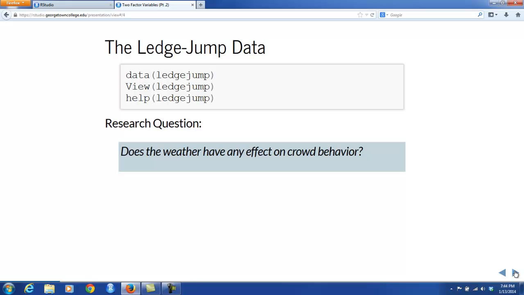What we've got here are two factor variables, weather with the possible values warm and cool, and crowd behavior with the possible values polite and baiting. And our research question is about the relationship between these two factor variables. Does the weather have any effect on crowd behavior? Does it make a difference in how the crowd is likely to behave?